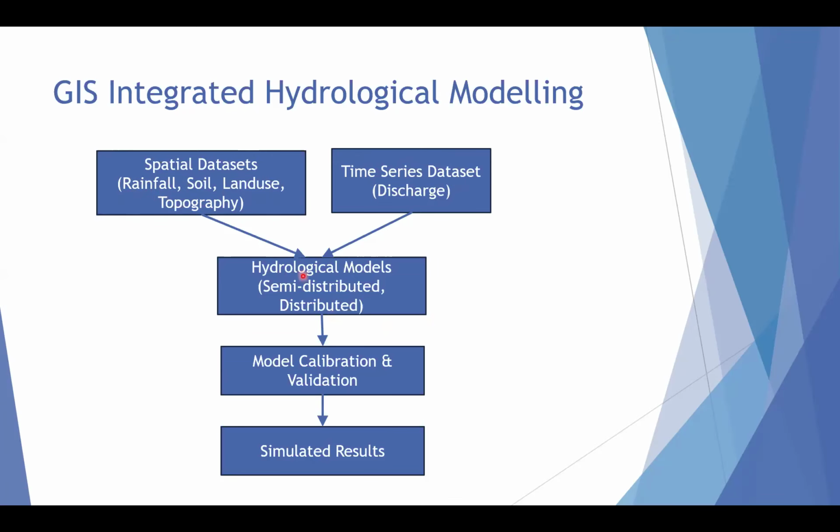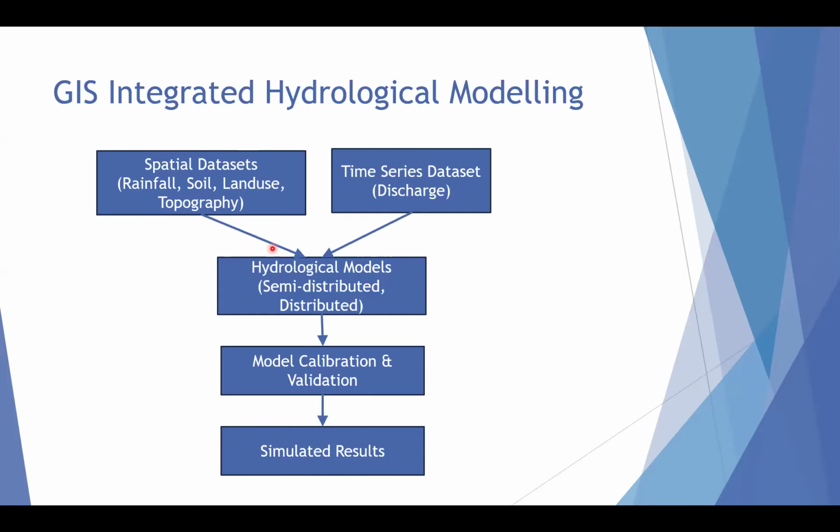Okay. Then, again, this is one more issue: how do we actually account for this temporal variation? That depends on what type of model you are going to use.